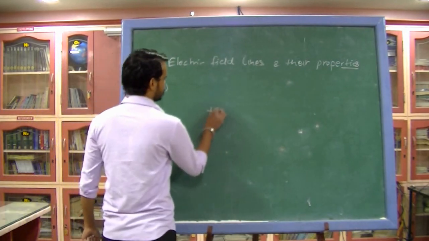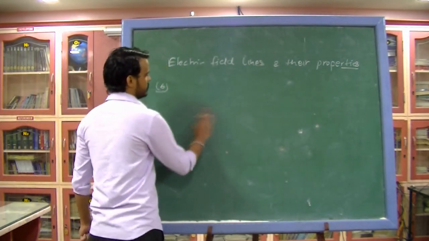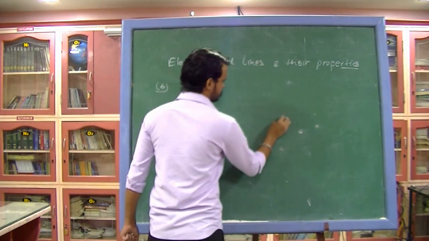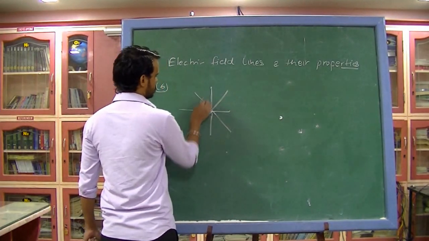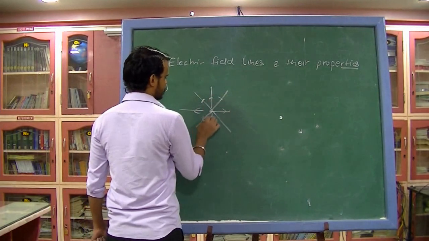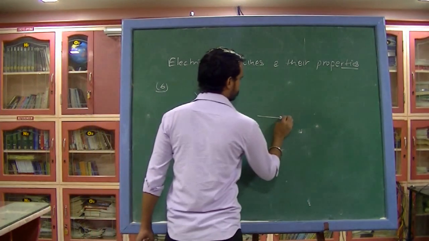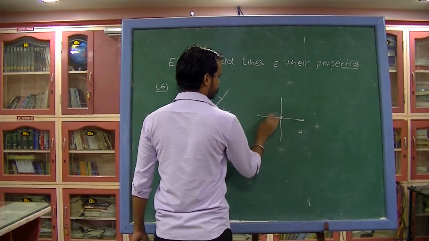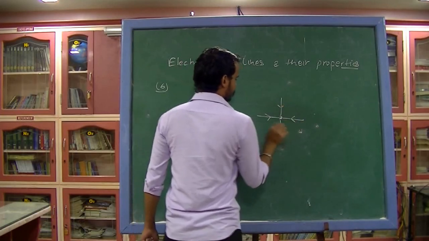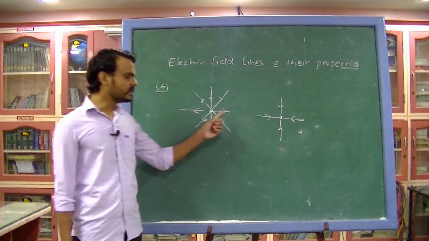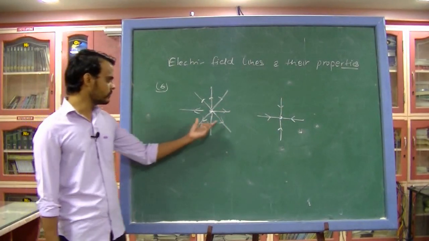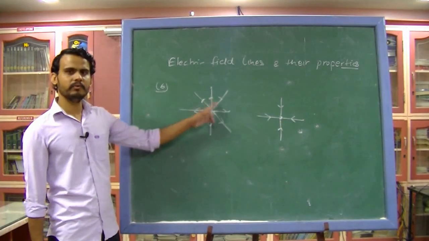Suppose they give you two charges or they give you 2 points and they ask you which charge has more magnitude. As you can see from this charge there are more number of lines originating, so this charge will have more magnitude.